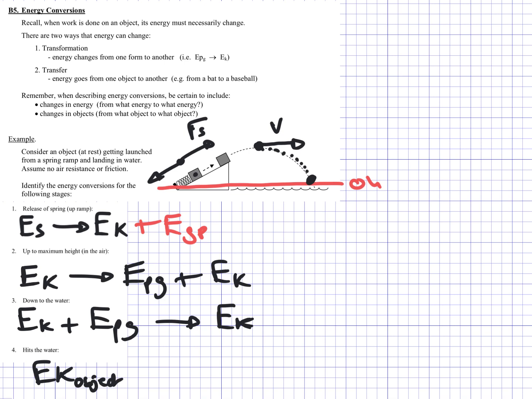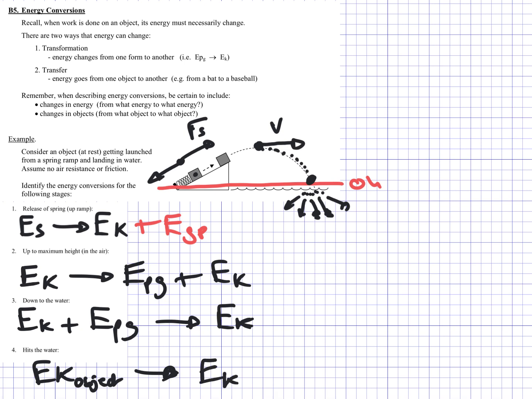Let's write that in. And that kinetic energy of the object is going to be converted into, well, it's hitting the water, and there's lots of water molecules, and they're going to be hit by the object. So each of these water molecules is going to experience a force which is going to do work on those water molecules, effectively pushing them and giving them some kinetic energy as well.